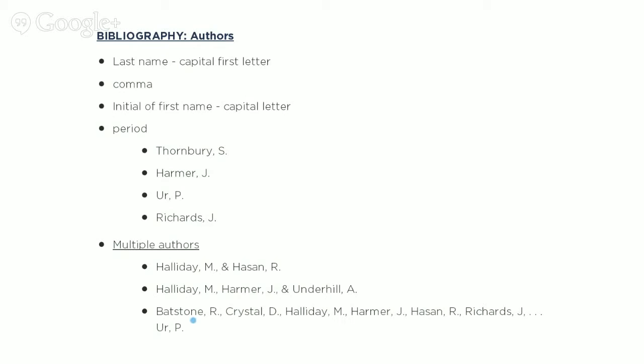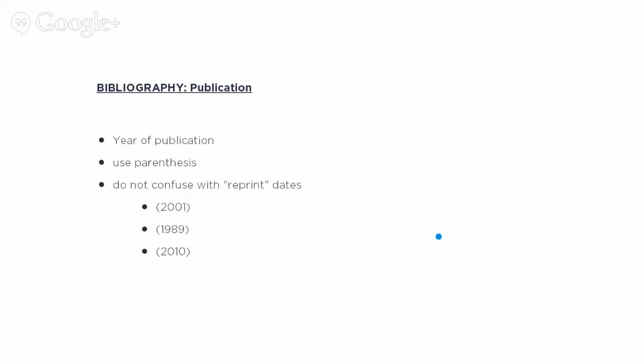Okay, and that's basically how you do it for multiple authors, going up to the limit of 7. Next point to take into consideration is the year of publication. The year of publication is basically, like the name says, the year the book was published for the first time. And we're going to put this in parentheses.